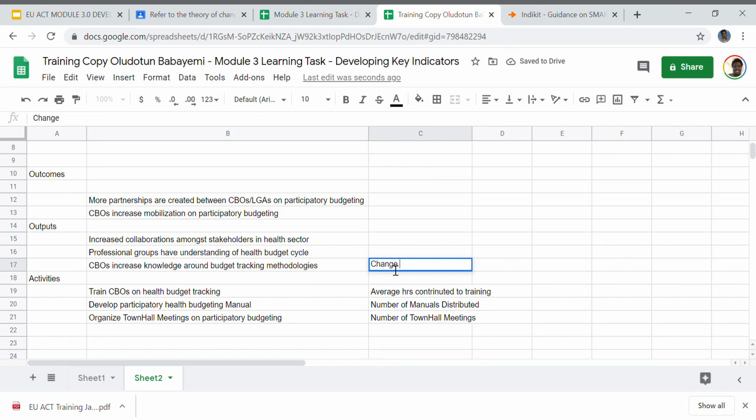CBOs become, so I could say change in knowledge of CBOs in here.